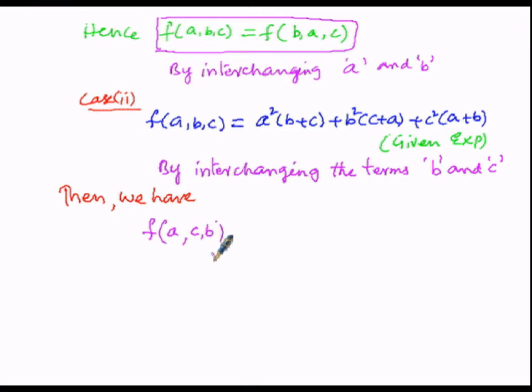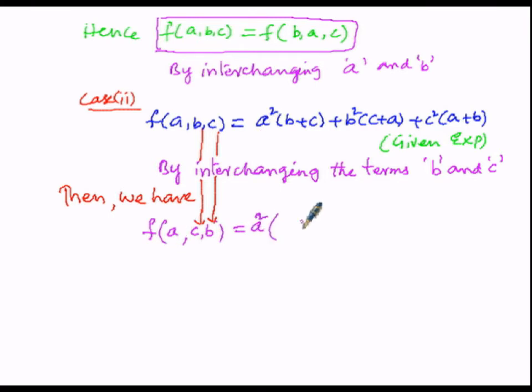So, b is replaced by c and c is replaced by b. That equals a square, written as it is; there won't be any change in the a.